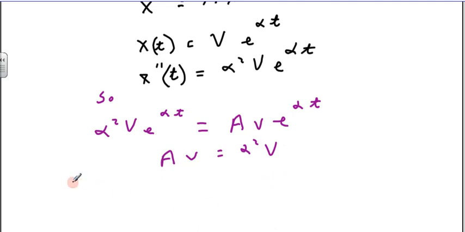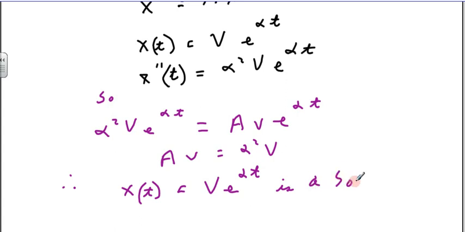So therefore, x of t is going to equal v e to the alpha t. If this is the solution, then this is a solution of x double prime is equal to A x.